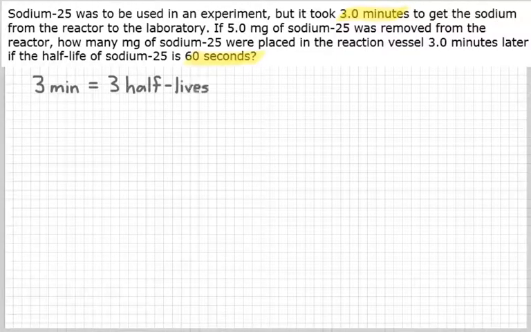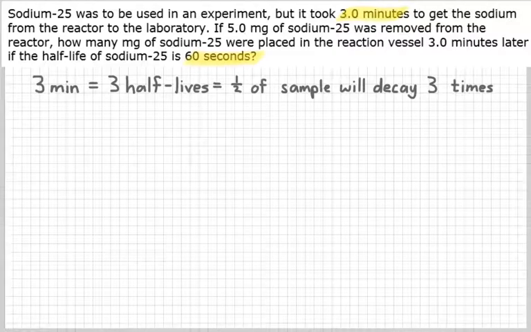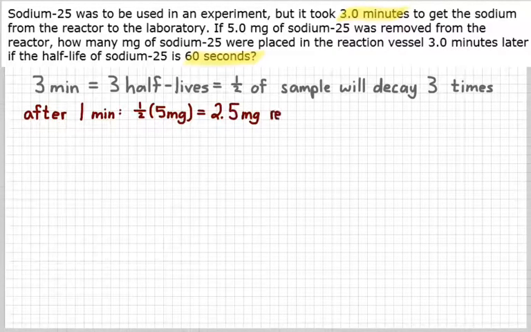Intuitively, I can state that 3 minutes is 3 half-lives for sodium. That means that the sodium is going to be divided in half 3 times. And so after 1 minute, half of my original sample will have decayed, meaning I've got 2.5 milligrams remaining.